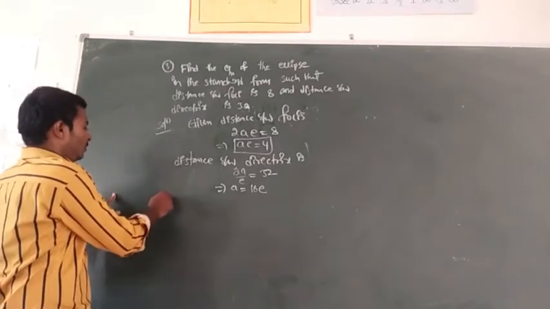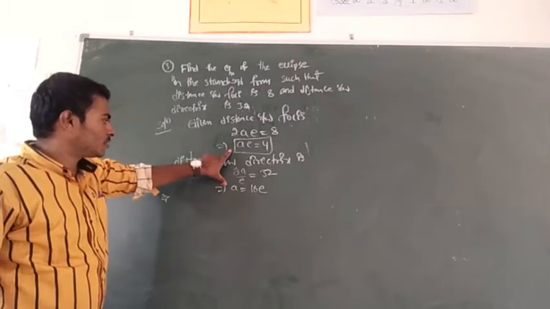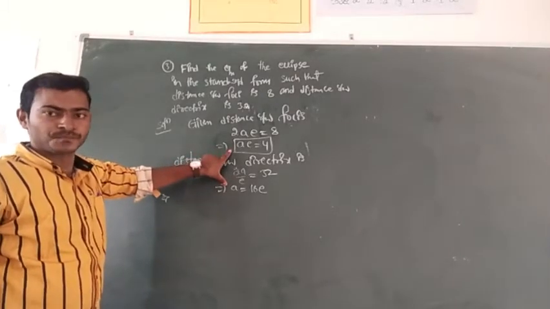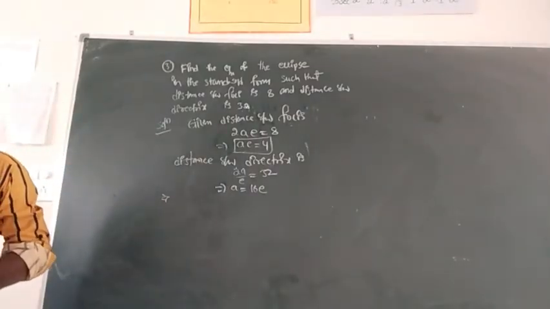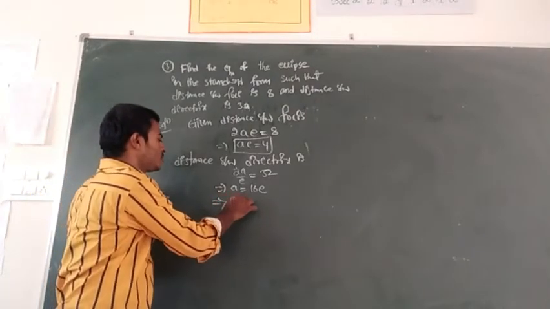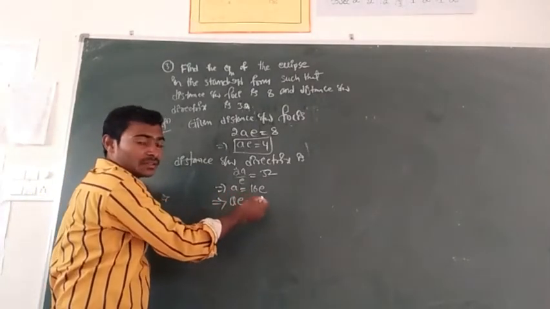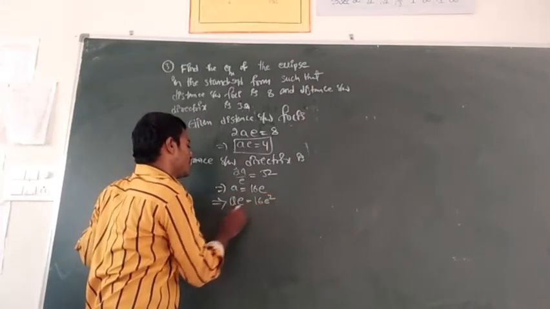Now we are using these two values and simplifying. Multiplying both sides by e, a into e and 16 into e square.